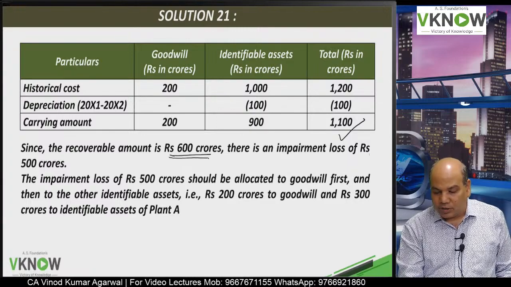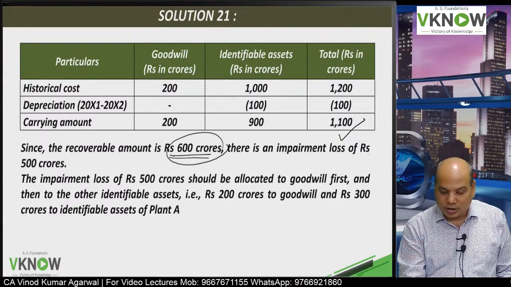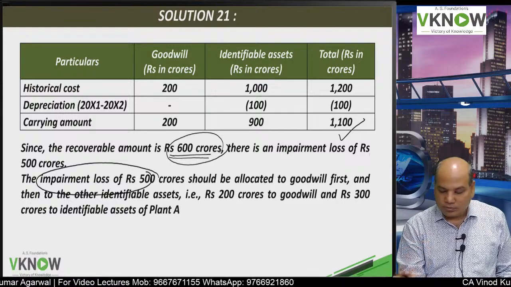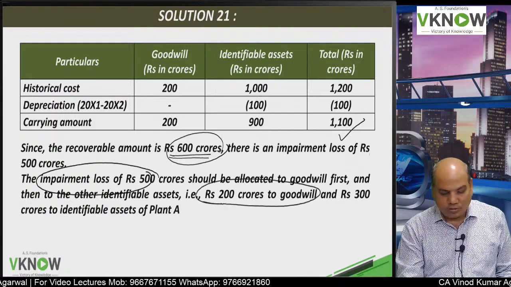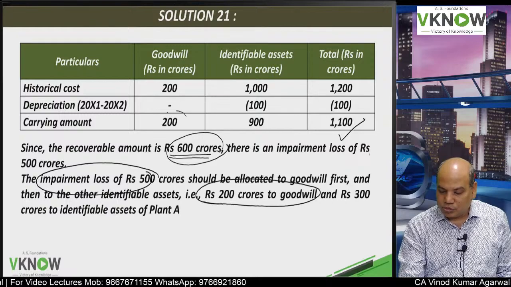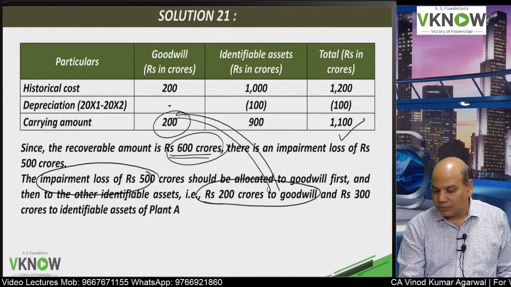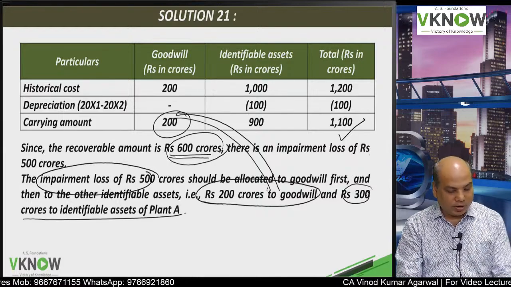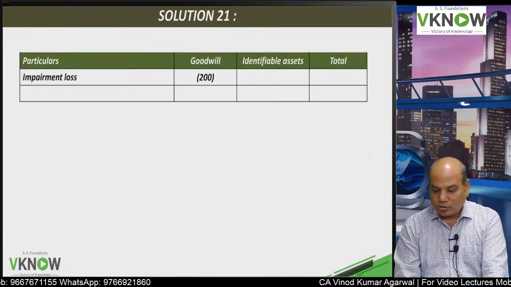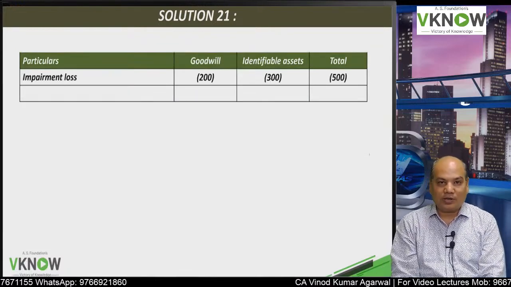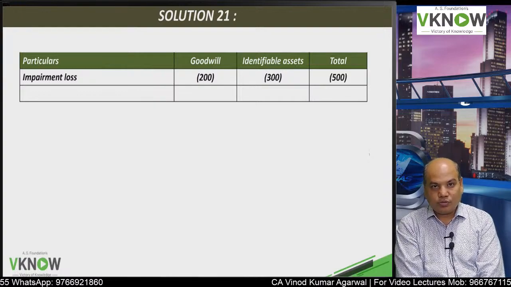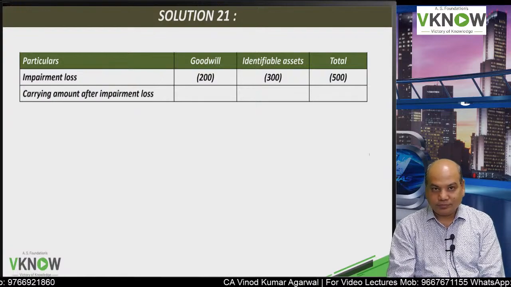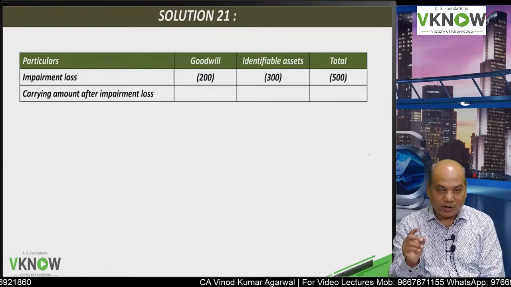Then compare with the recoverable amount, which is 600. Calculate the impairment loss, which is 500. First allocate to goodwill, that is 200, because goodwill will be fully written off, and then 300 will be allocated to plant. So impairment loss will be allocated like this: first to goodwill 200, then to asset 300, total impairment 500.